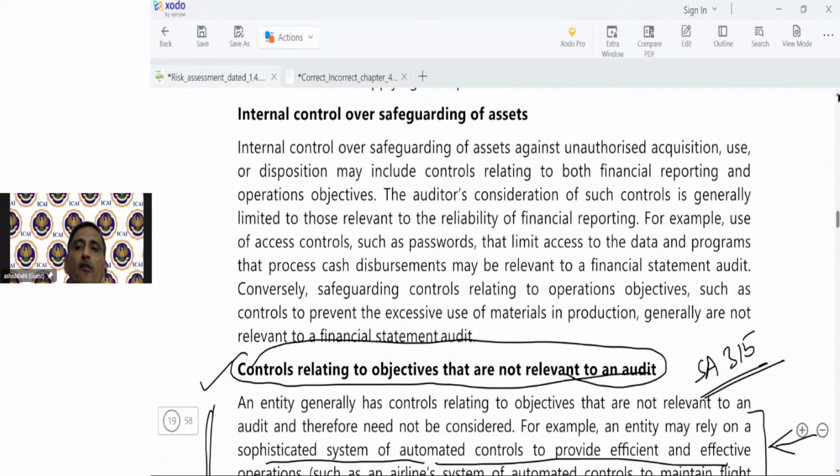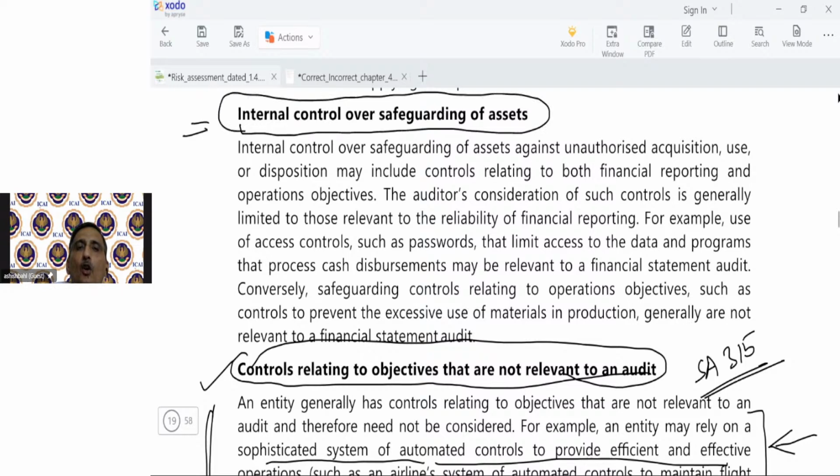Another thing given is internal control over safeguarding of assets. What is the purpose of such controls? The purpose would be that assets are safeguarded.